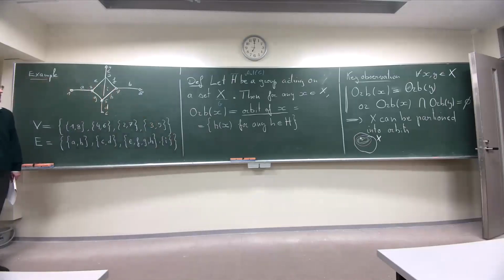It's alone. Under all symmetries, you keep it fixed. So you also have a partition into 4 orbits.